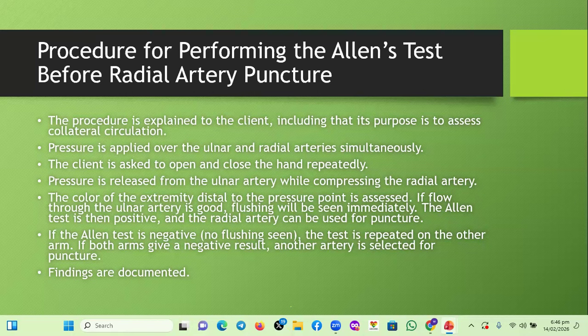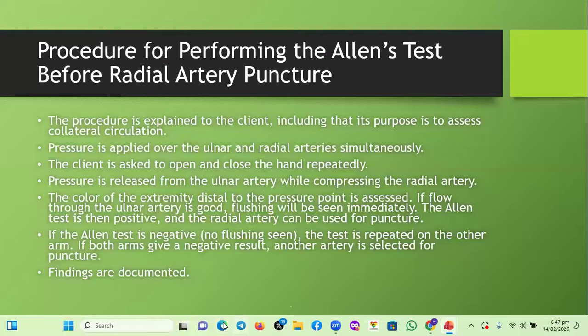So when it is negative, it means blood flow through the ulnar artery is not adequate to supply the arm. In case you puncture the radial artery and it is damaged, the ulnar artery might not be able to perform the function it is supposed to perform. The findings are then documented.